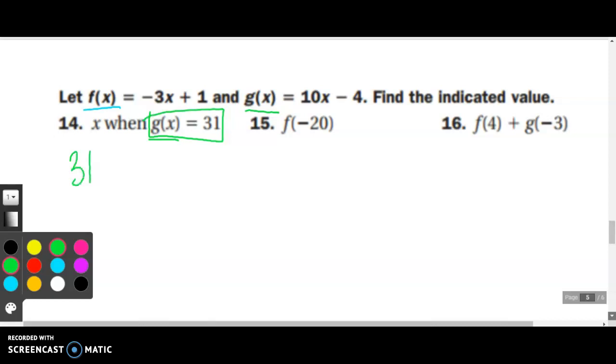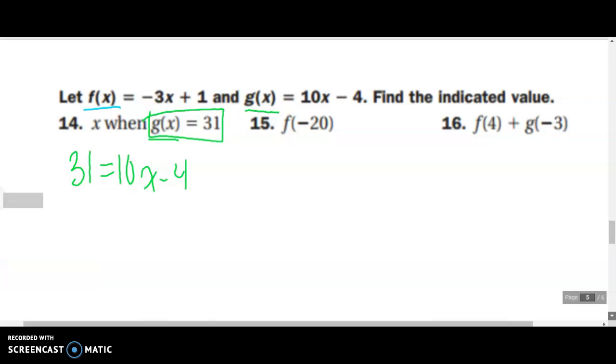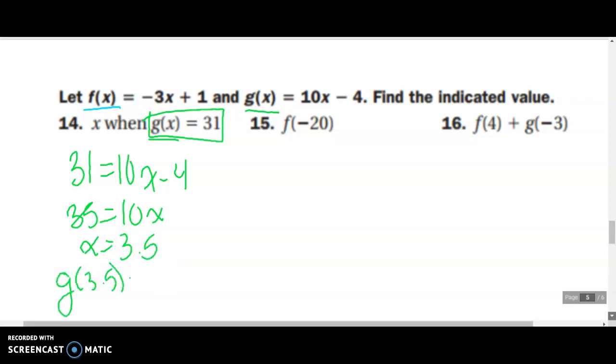So we do 31 equals 10x minus 4, which is 35 equals 10x, x equals 3.5, or we can write that as g of 3.5 equals 31.